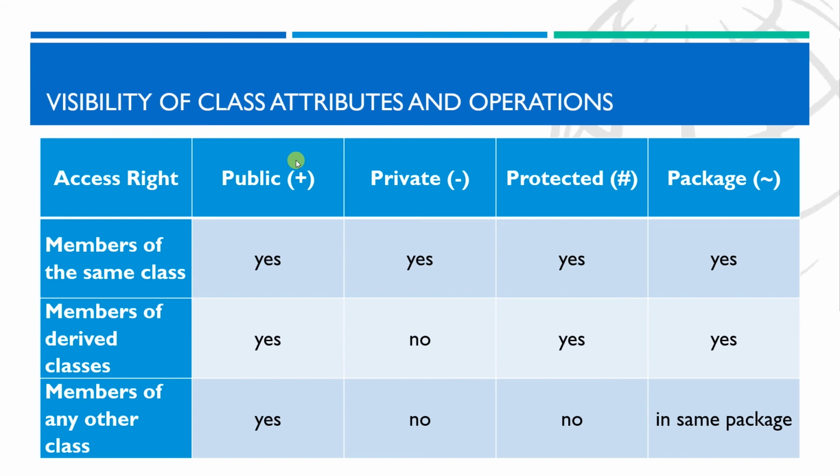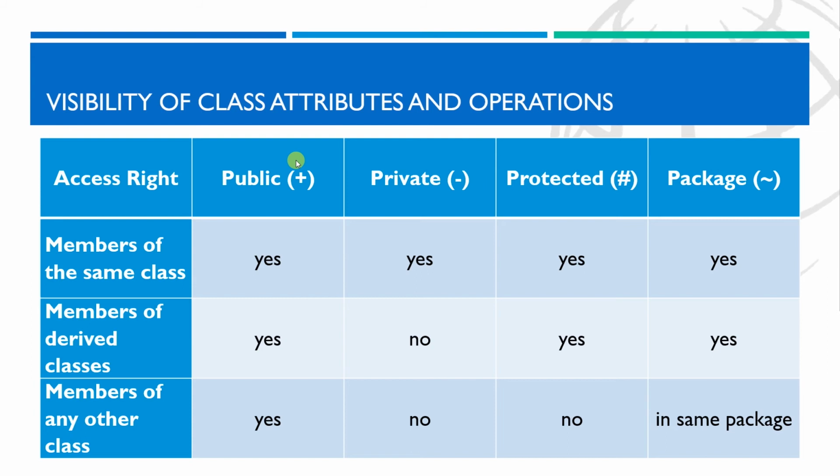For example, if we are using the private symbol and we try to access a member from the derived classes, we cannot access it directly, because this is a restriction in the access right.